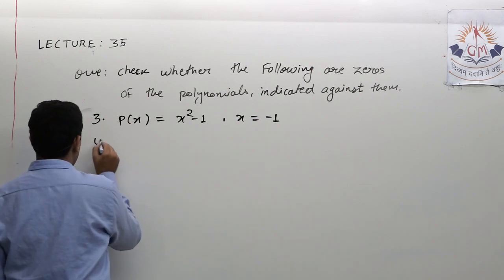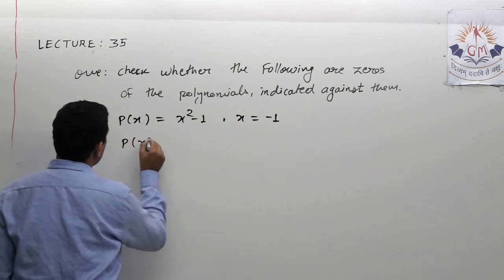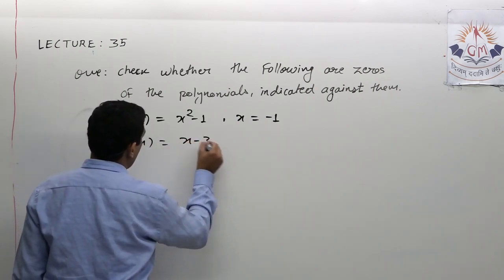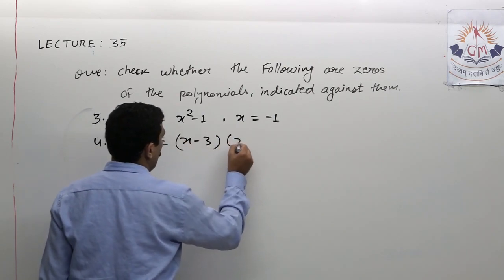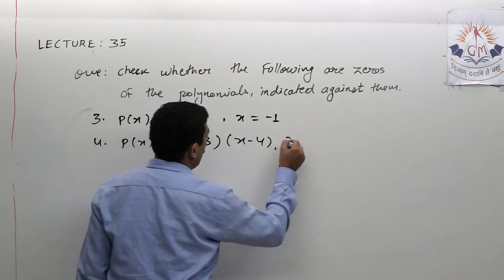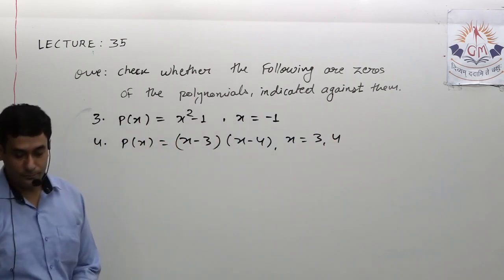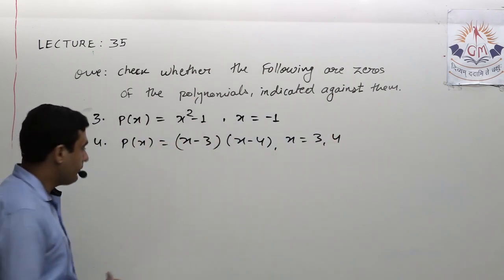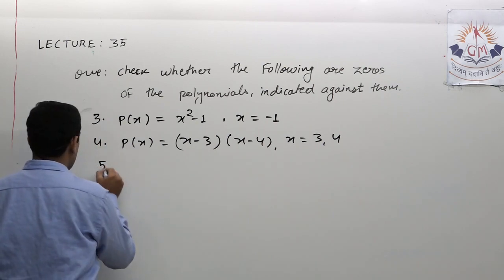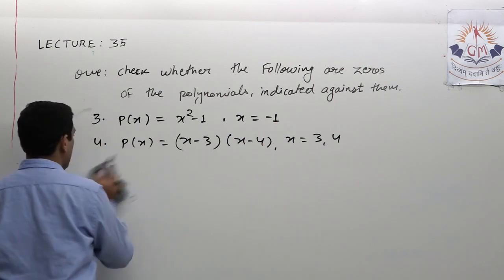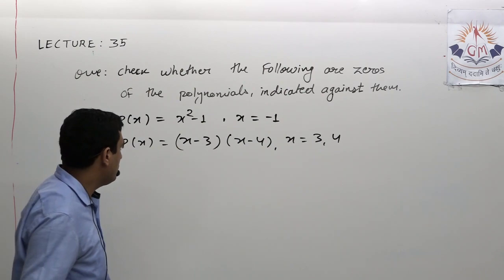Fourth one is p(x) is equal to (x minus 3)(x minus 4) at x equal to 3 and 4. Okay, so let us see first these two.